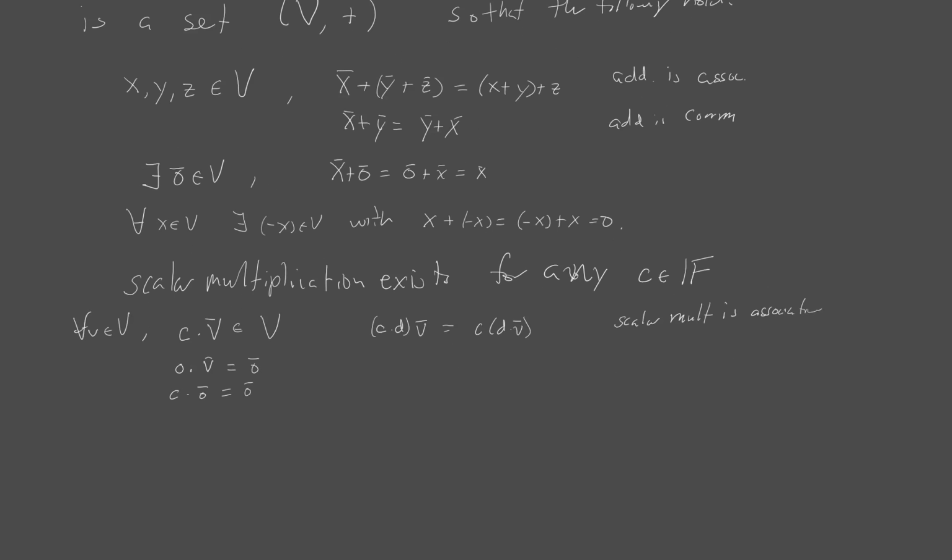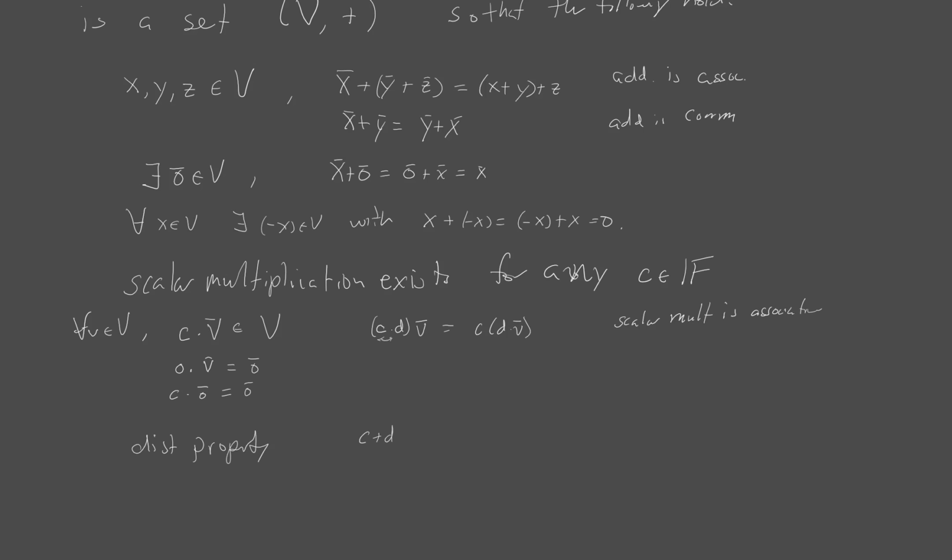And the last thing I want is, I've already got associativity in the field, so I don't have to write down associativity of scalar multiplication. But I want the distributive property. I want to link scalar multiplication and vector addition together. So I need the distributive property, and we need that in two different ways.